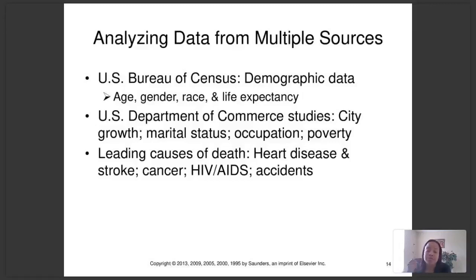Okay. US Department of Commerce studies also has information, and what they're looking at are things such as city growth, poverty, occupation, marital status, because all those things can have an influence on what's going on within that community. And it can help us figure out, oh, okay, so maybe we see more industrial-based occupations.